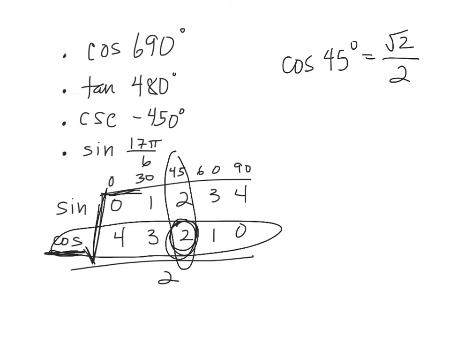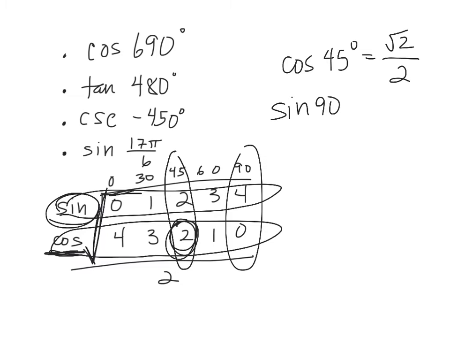It's just a trick to remember. So let's say I want sine of 90. I go to my sine row and my 90 column. So we get square root of 4 over 2. Square root of 4 is 2, 2 over 2 is 1. So sine of 90 equals 1. And if you go on the unit circle, you will see that answer.